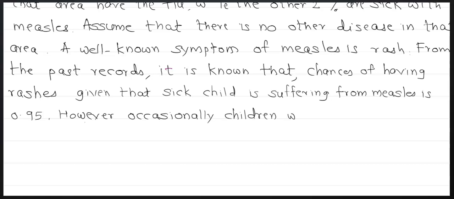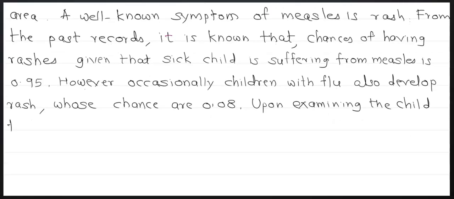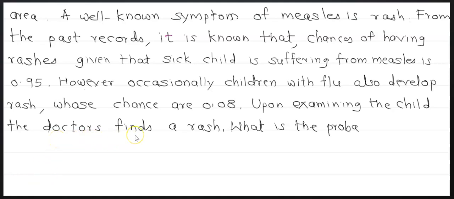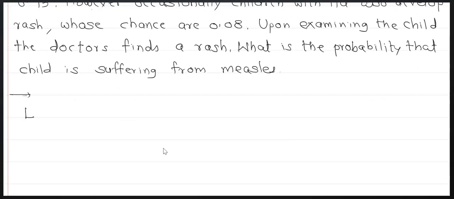However, occasionally, children with the flu also develop rash, whose chances are 0.08. Upon examining the child, the doctor finds a rash. What is the probability that the child is suffering from the measles, which in Marathi we call the Goa?